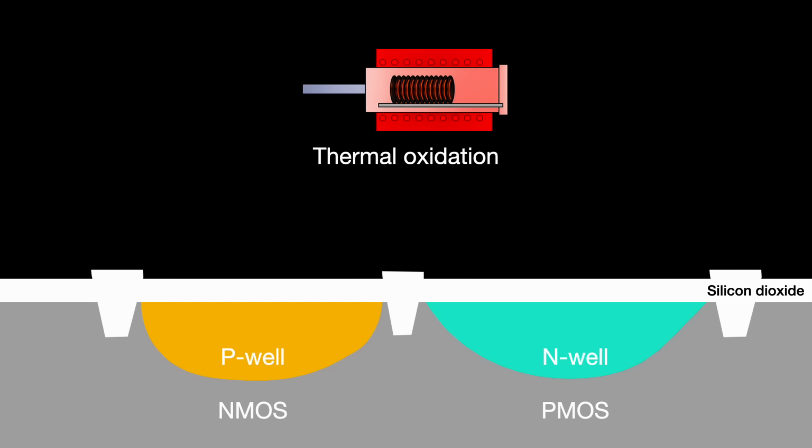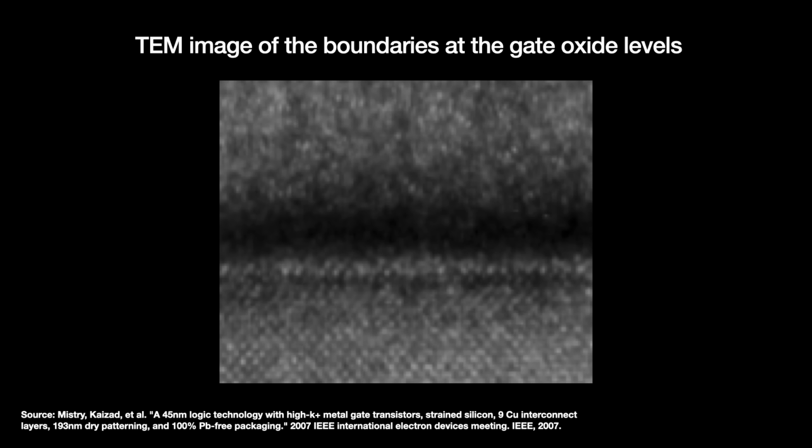The silicon dioxide is also needed as a smoothing layer between the silicon substrate and the hafnium oxide we are about to deposit. Fabs pay a lot of attention to the boundaries between materials, especially here in the channel where charge carriers will be traveling.